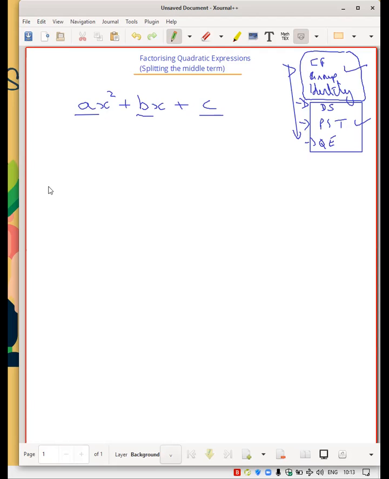So for example, we'll take this with an example now. My term is x squared plus 6x plus 8. Krishna, what is the value of a over here in this expression?